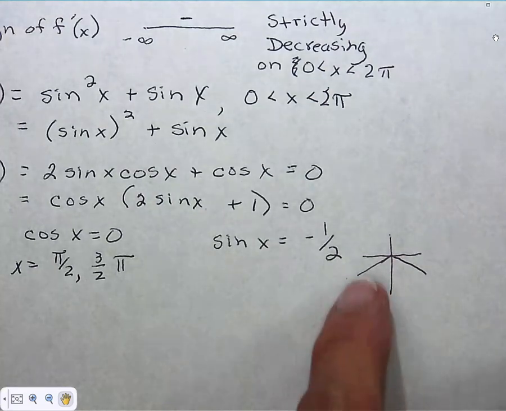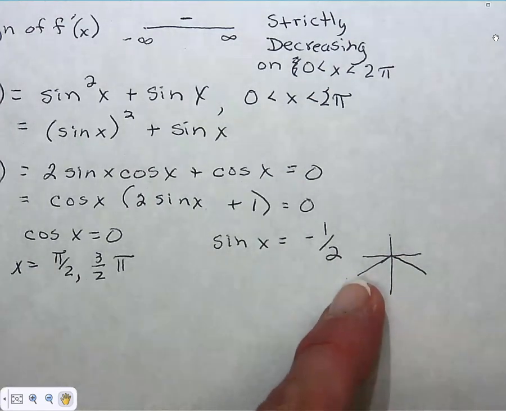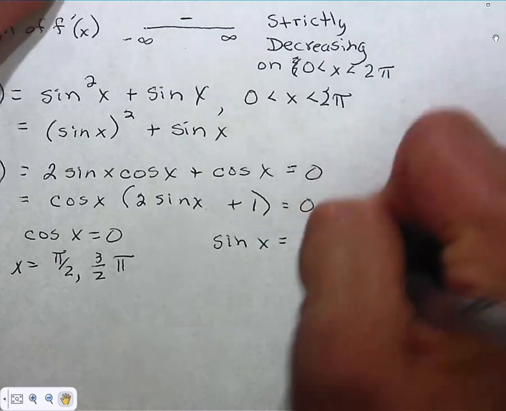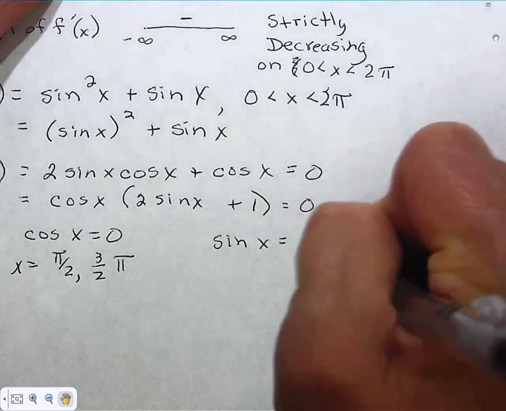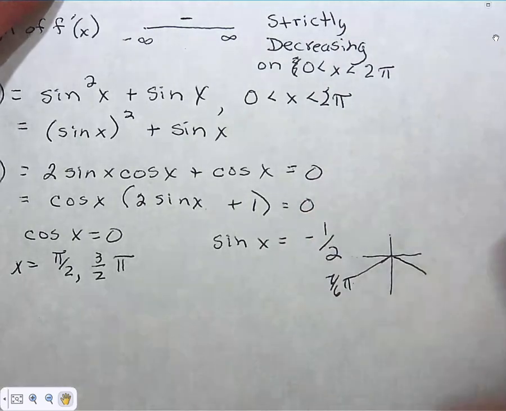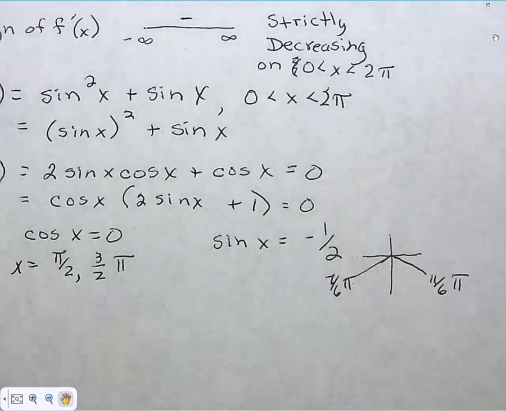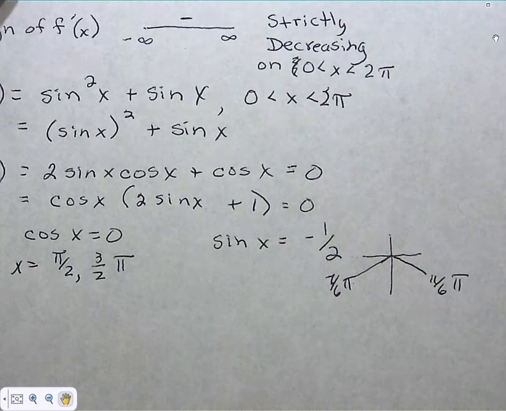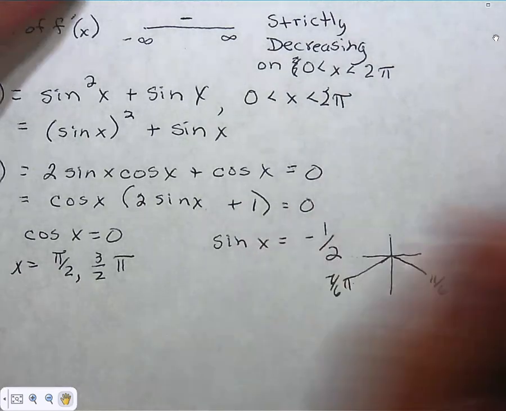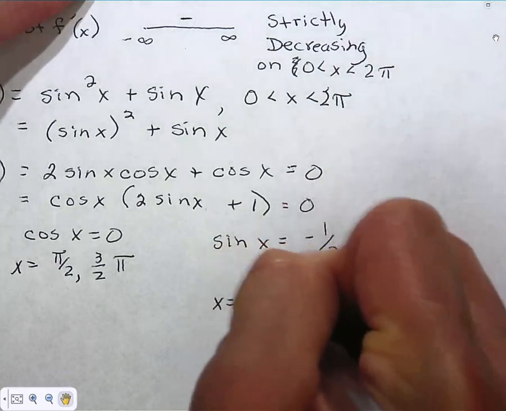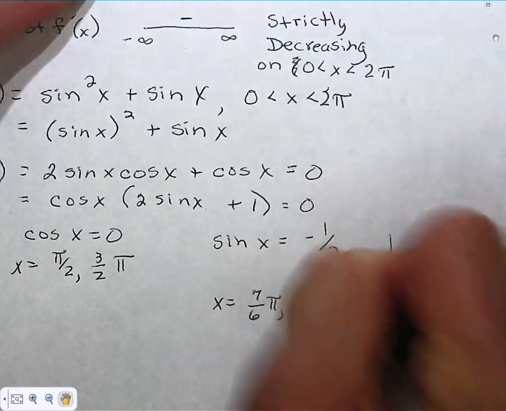So what's the name of this angle? This is 6/6 right here. That's 7/6. And that's 11/6. So those are my other two critical numbers, 7/6 pi and 11/6 pi.